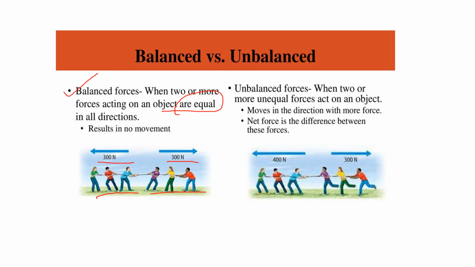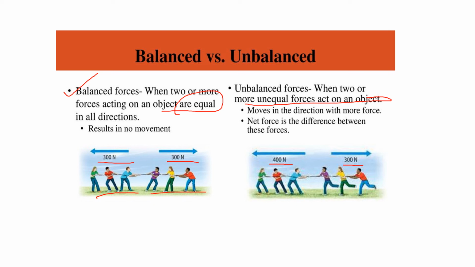Okay. Then what about unbalanced force? Just the opposite of it. When two or more unequal forces act on an object, the forces are not going to be equal. So if you see the same tug of war here, what happens? This side they are giving a force of 400 Newton, and this side they are giving a force of 300 Newton.